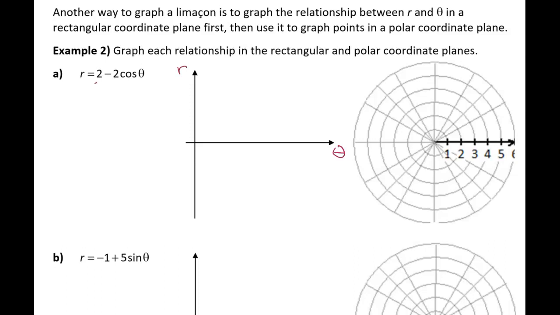So just some things to keep aware of. What does this 2 do? This moves the graph up 2, which means that our midline is up at y equals 2. And then the negative sign that's multiplying the cosine of theta means the graph is flipped upside down.